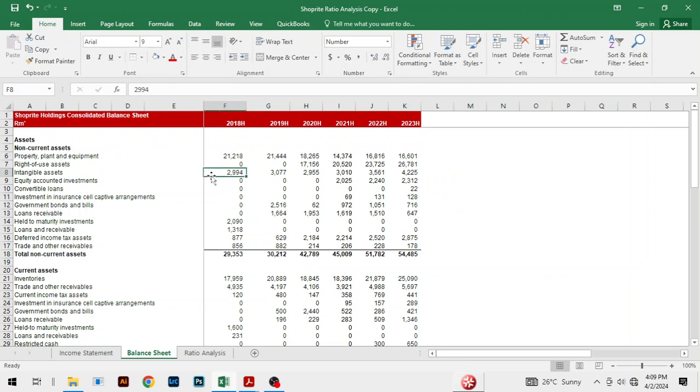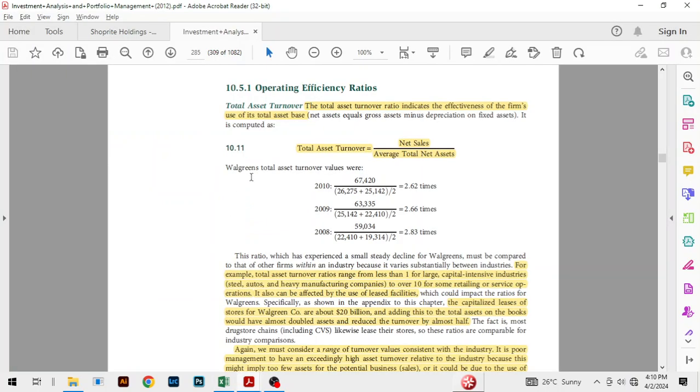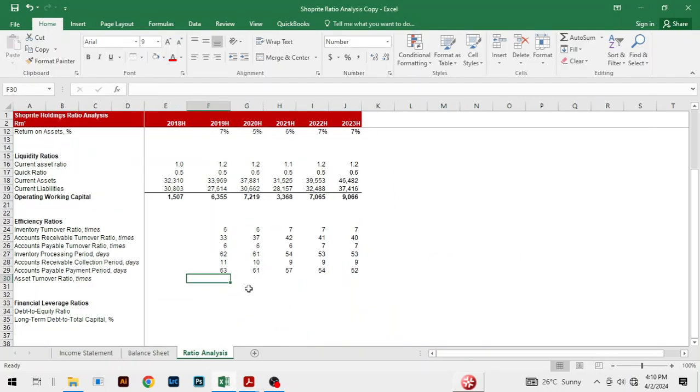So sometimes we may compute the asset turnover, because the formula is total revenue divided by total assets, or total average assets. So we may say net revenue divided by fixed assets only, right? In this case, we may say only fixed assets, right of use assets, property, plant, and equipment. So basically we get that, but now we just want to use the total asset figure there. So let's just do that.